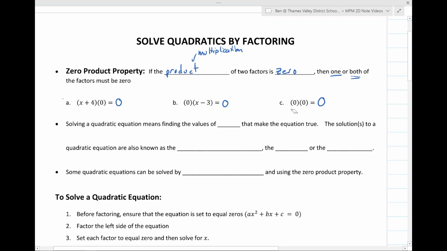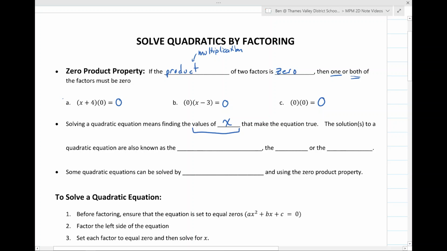Now, sometimes your instructions for a problem will simply be solve. It'll say solve, and then it'll give you an equation. So solving a quadratic equation means finding the values of x that make the equation true, that make your left side equal your right side.